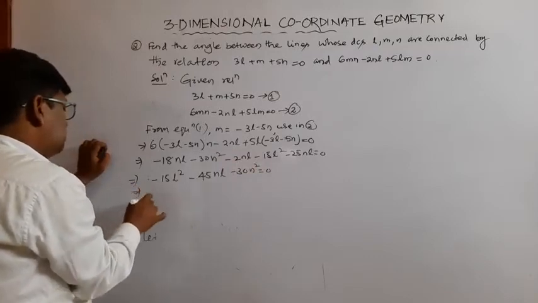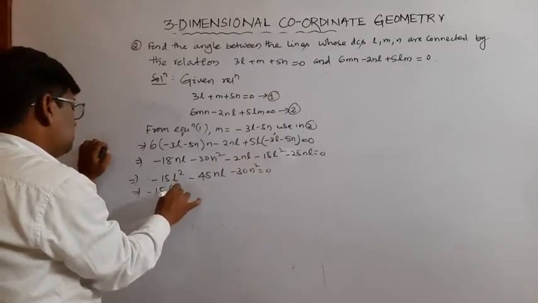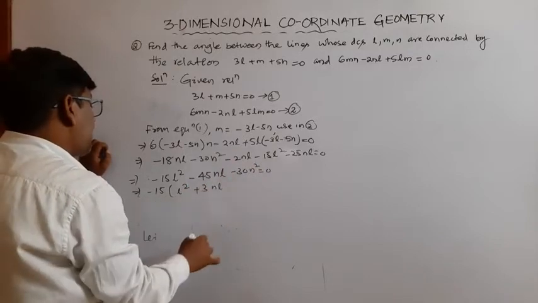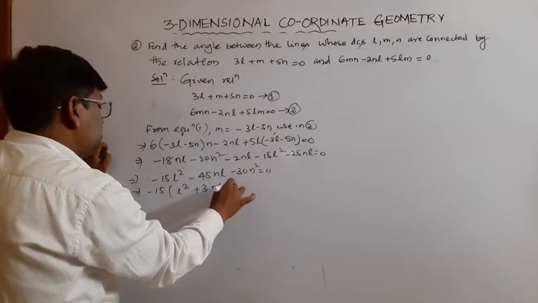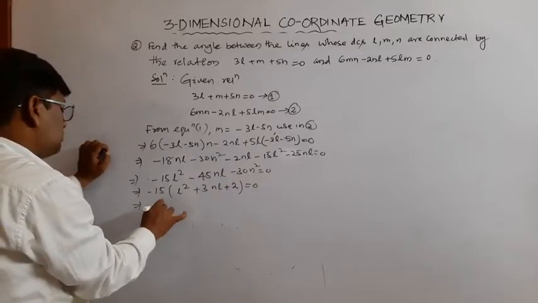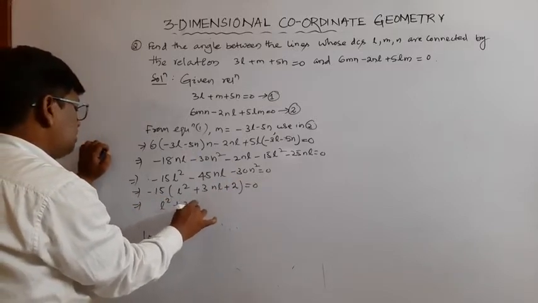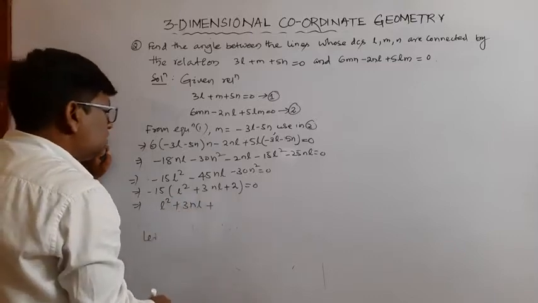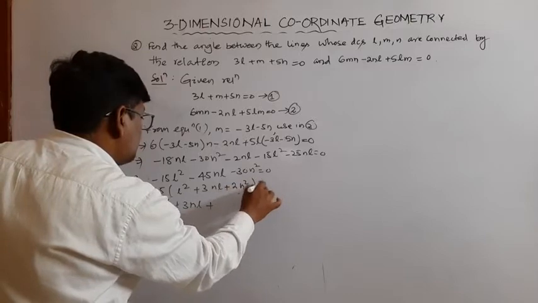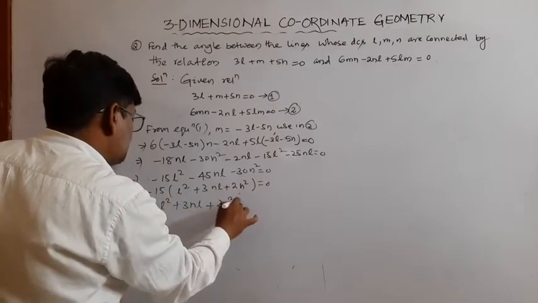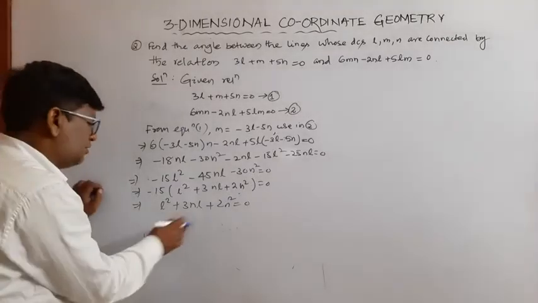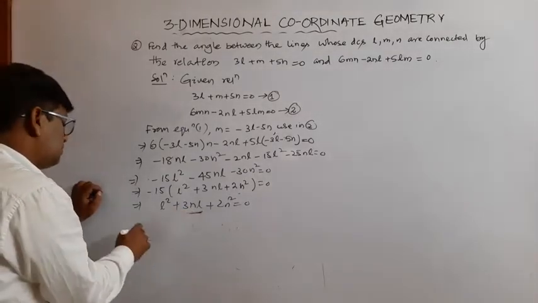Take common minus 15 here. So L square plus 3NL plus 2N square is equal to 0. Now factorize this, break the middle term.